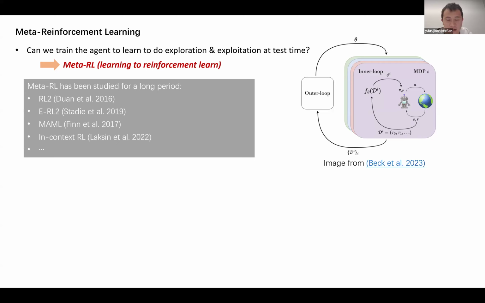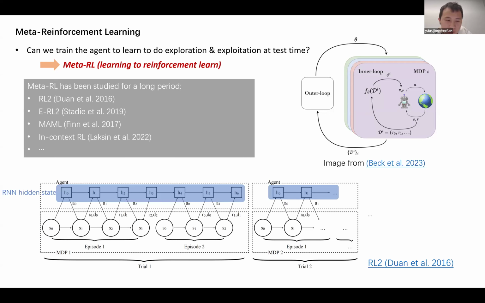There are many great works trying to develop this meta RL training framework. And here I want to especially mention this great seminal work called RL2, where they use a recurrent neural network to solve the problem.